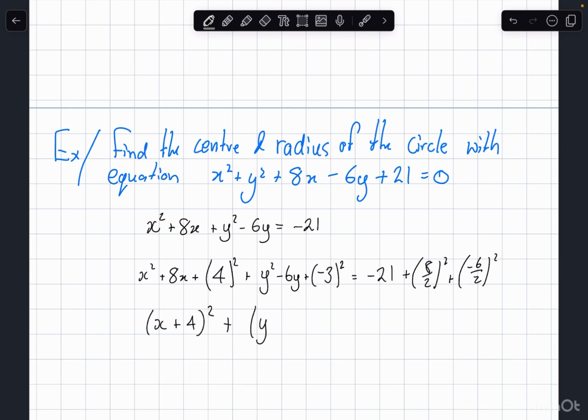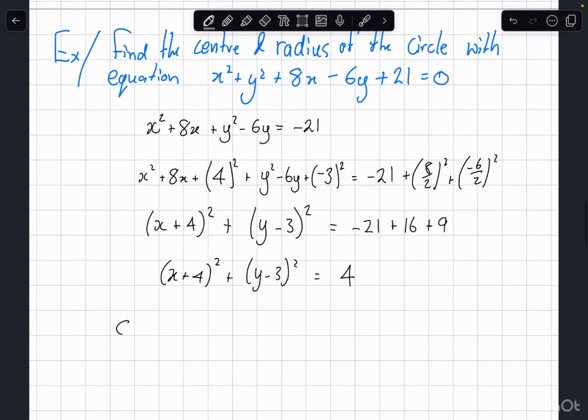Same thing with my y, but I've got -3, so I put -3 there, squared equals, and now I've got to simplify this side. So plus 16 plus 9, so x plus 4 squared plus y take 3 squared equals, now this is 25 minus 21 is 4.